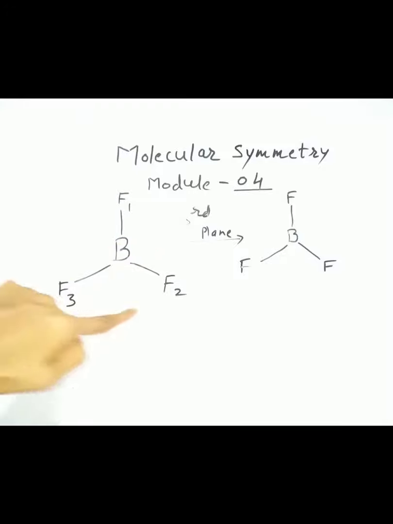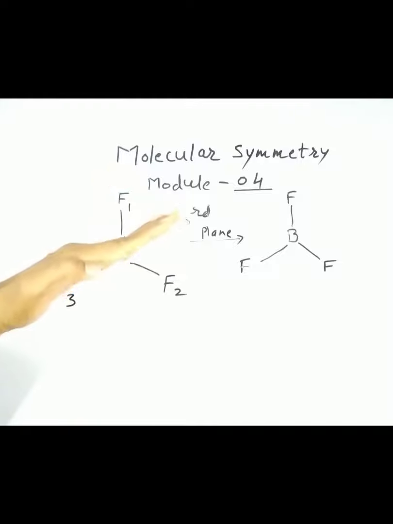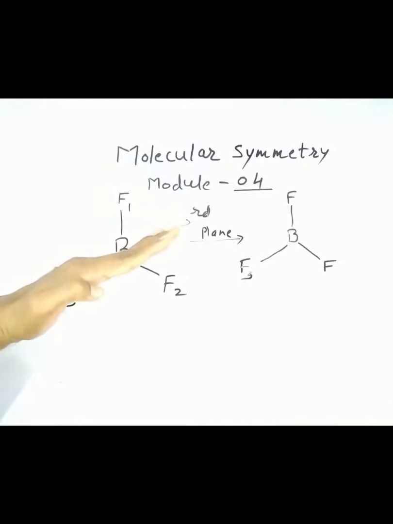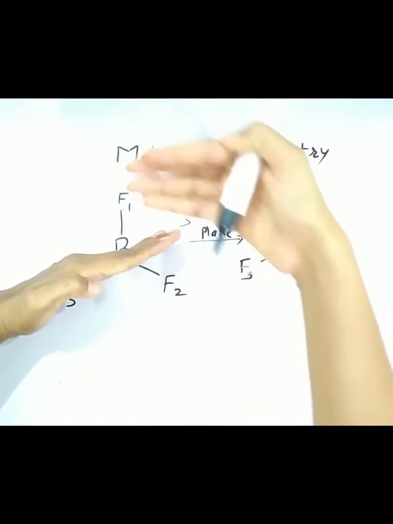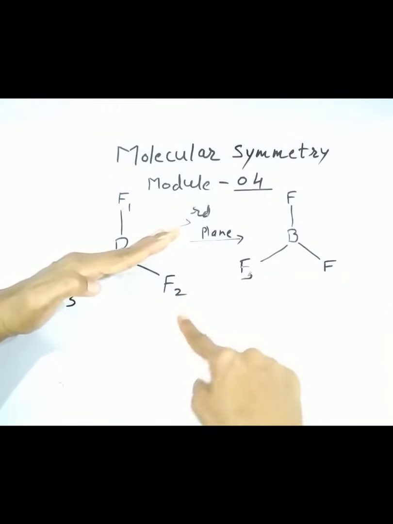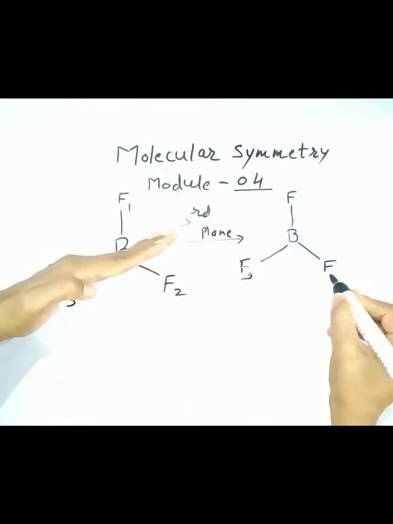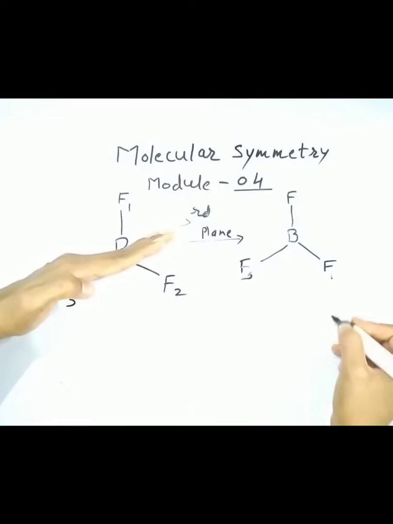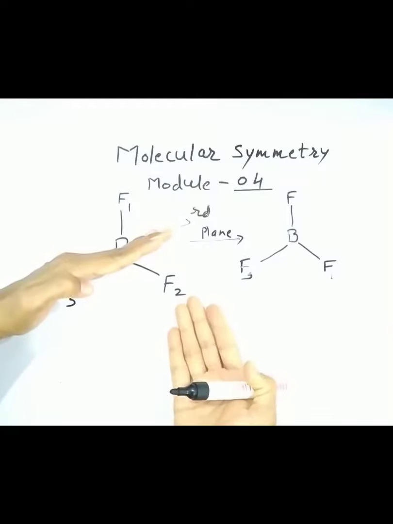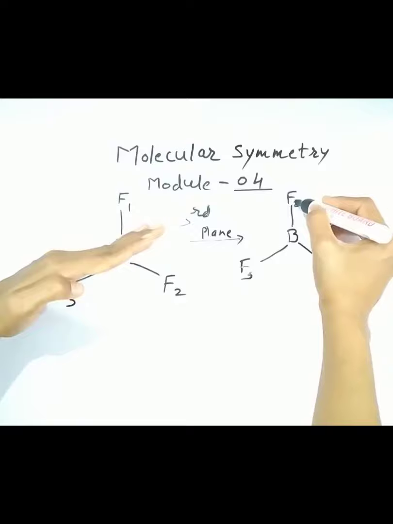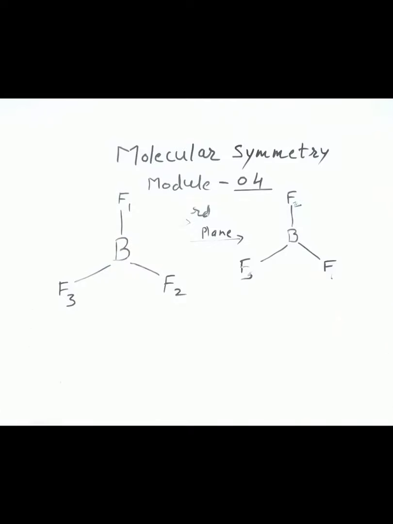F3 will remain as it is because the plane is passing through that atom itself. F1 will have its image on this side and this F2 will have its image on that side. So this fluorine I will label as F1 and this will have its image here. So this fluorine I can label as F2.